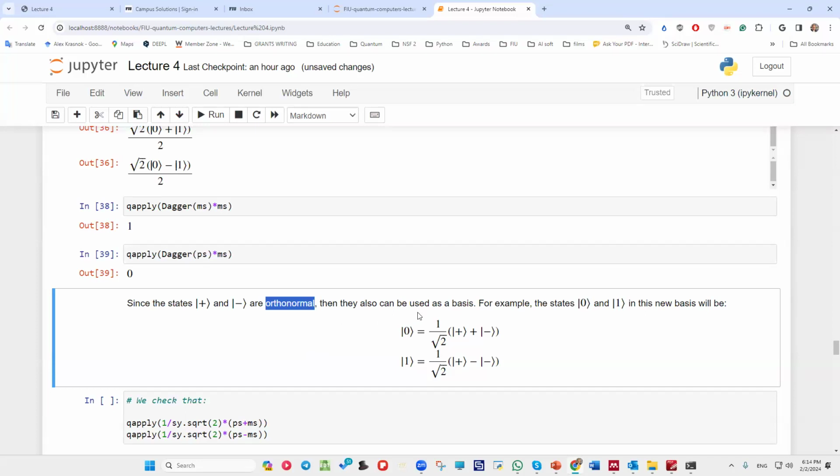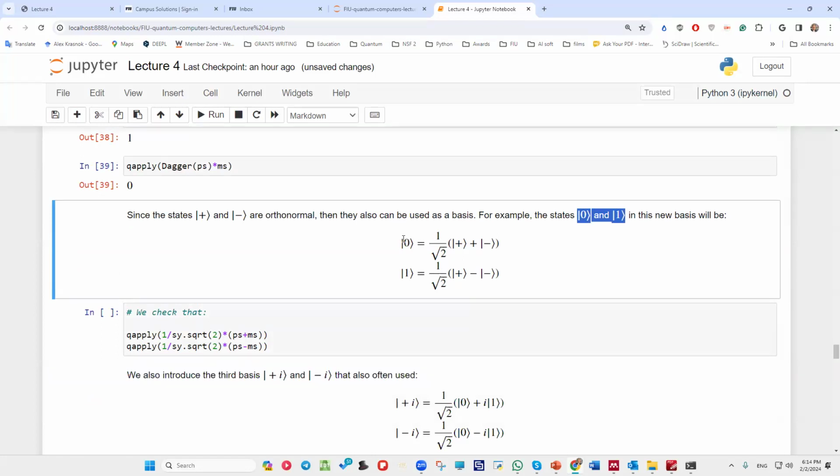Since these two vectors are orthonormal, we can also use them as a basis to describe any state of a qubit. Okay, so now we have two different bases. The first one is states 0 and 1, the simplest one.